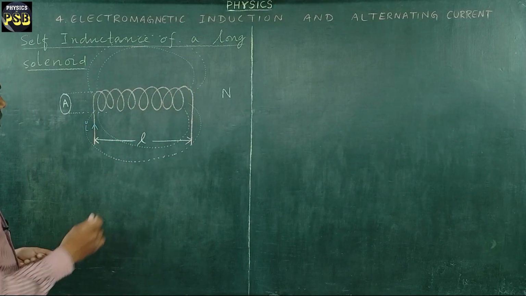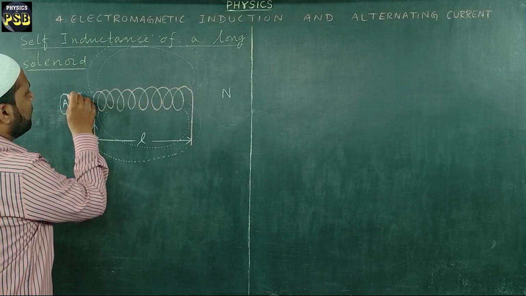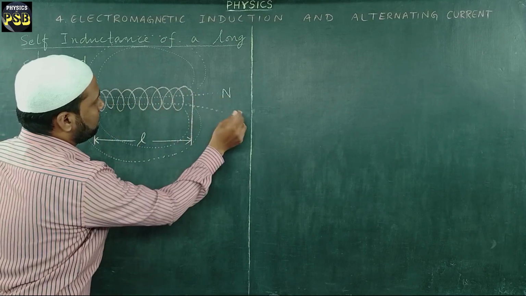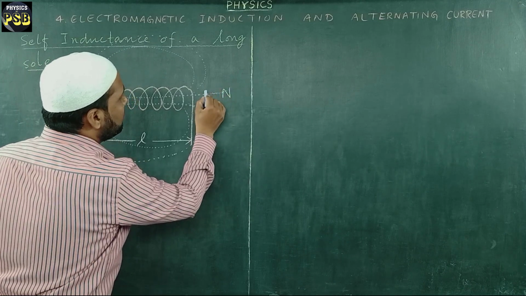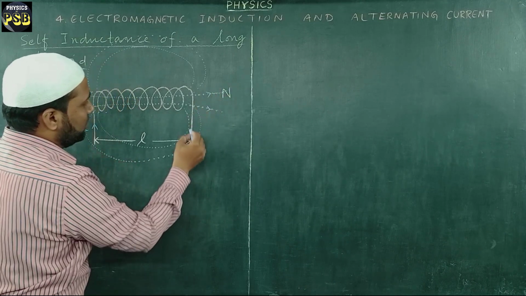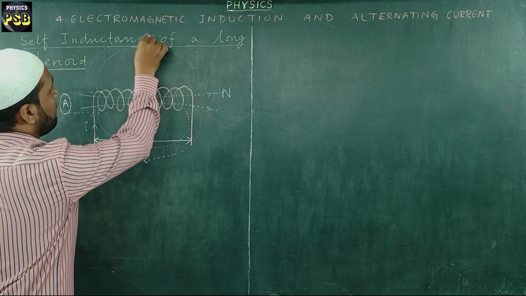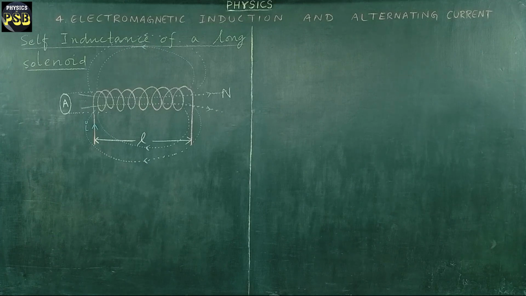If you look at the magnetic field lines passing through the axis, they appear to be parallel to each other. And here the arrow marks represent the direction of the magnetic field lines.